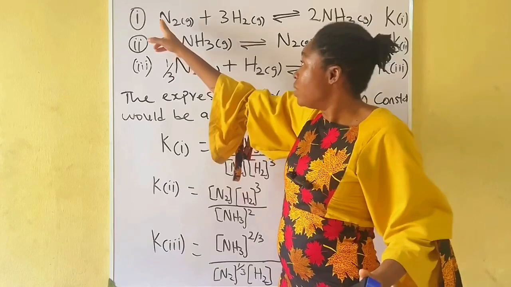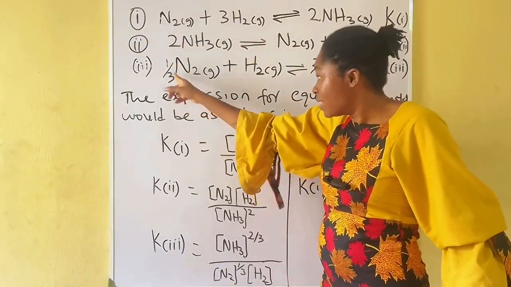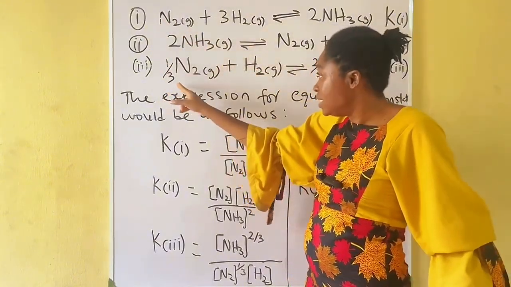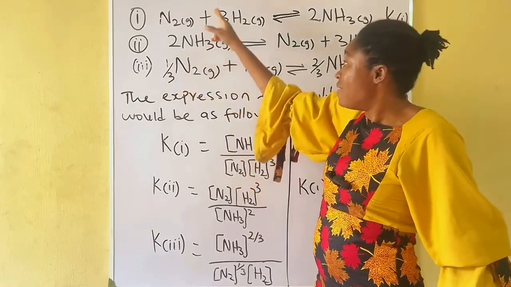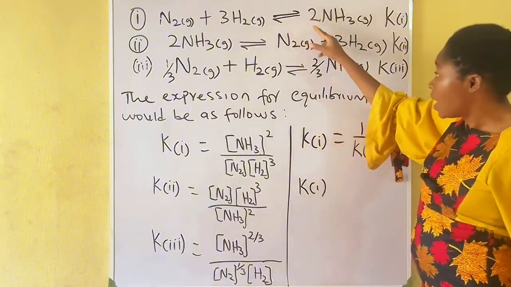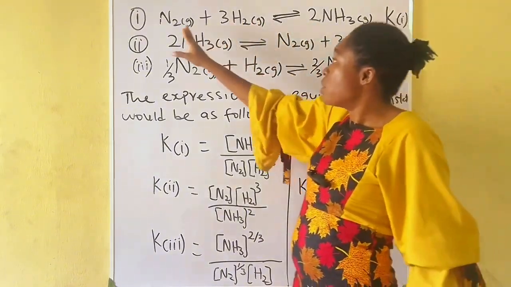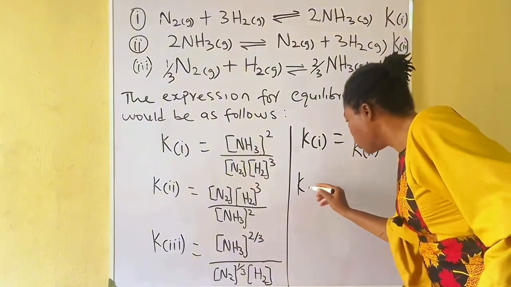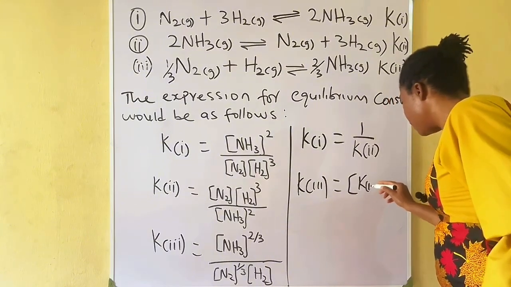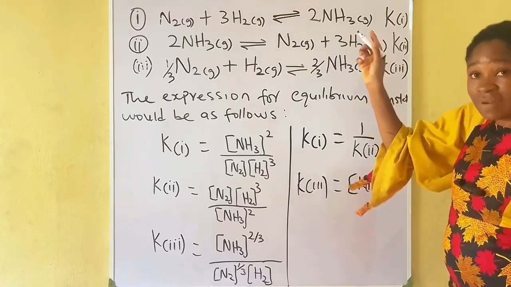So if I multiply equation 1 by 1/3, I will get this 1/3 of nitrogen, 1 mole of hydrogen, and 2/3 of ammonia. So where your eye will capture is the one where the mole ratio is 1, which means equation 3 is equation 1 being divided by 3, that's 1/3.